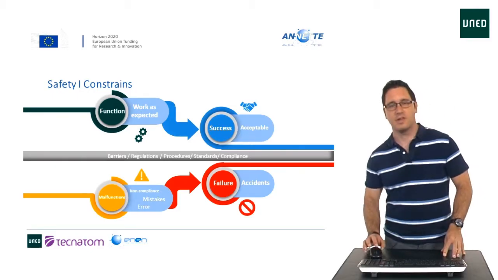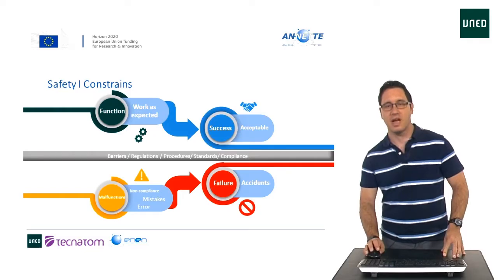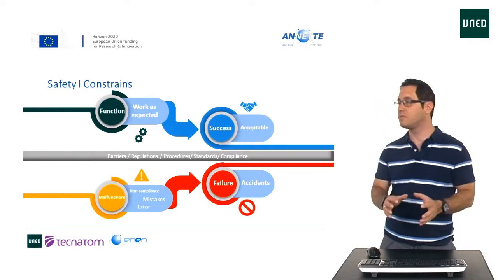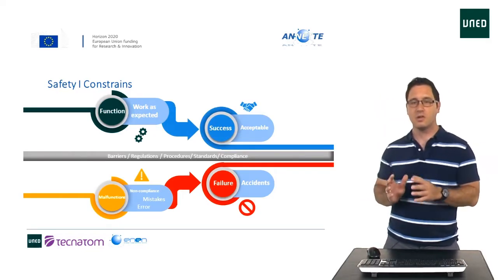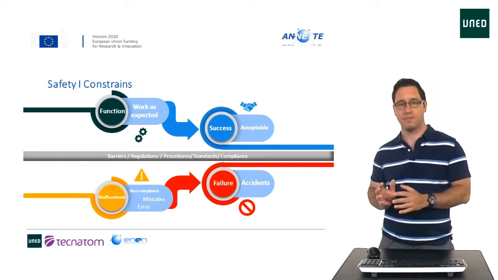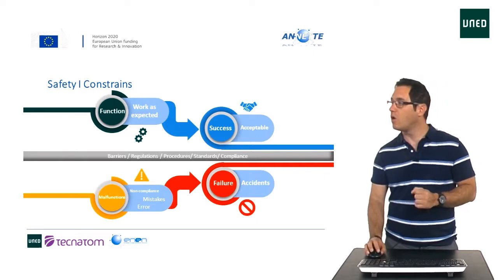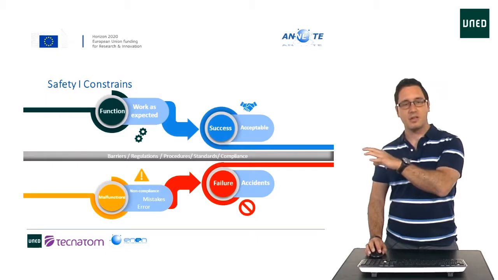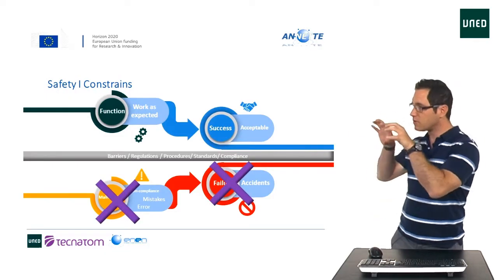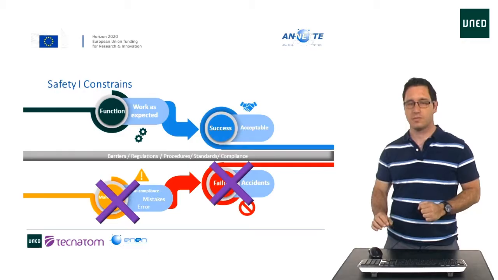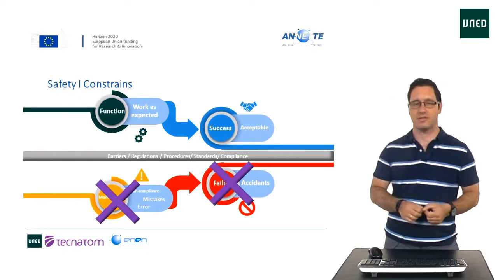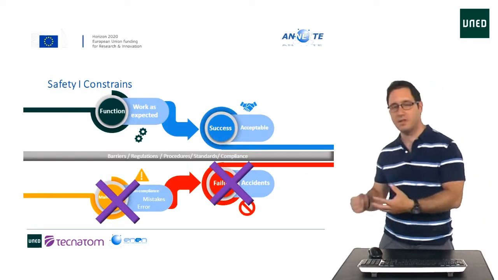In fact, Safety-I is something that has to go wrong in order to be able to fix it. If not, we won't be able to improve. So, as I said, it's a war on error, and we are going against those things. We have to eliminate the malfunctions, and we have to eliminate the failures.